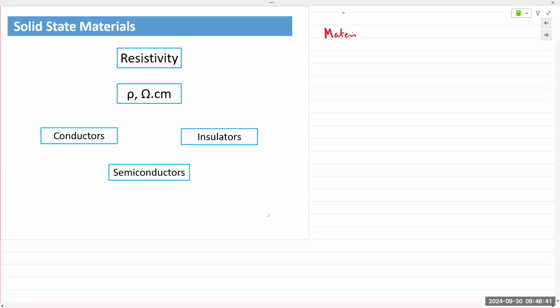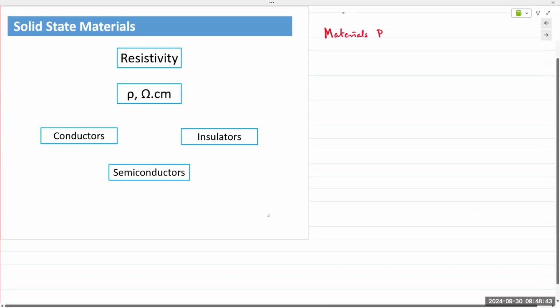Now, all materials have several different material properties, and material properties are highly dependent on their physical surroundings, namely temperature, pressure, humidity, to name a few.